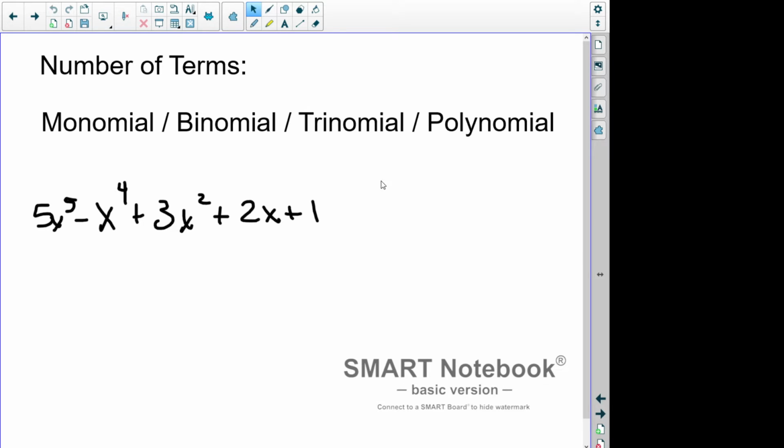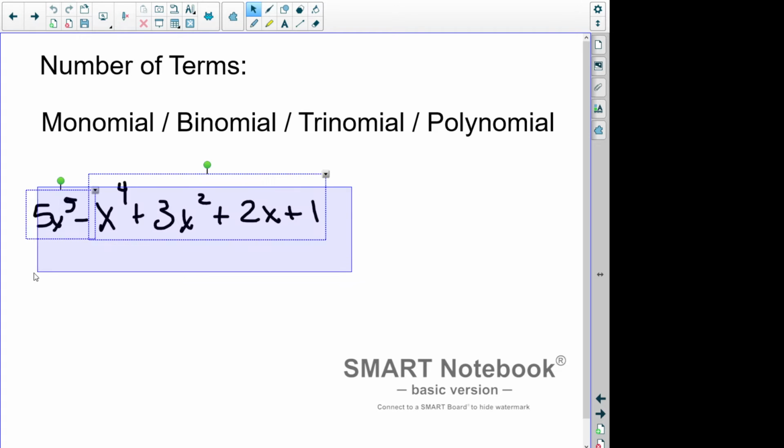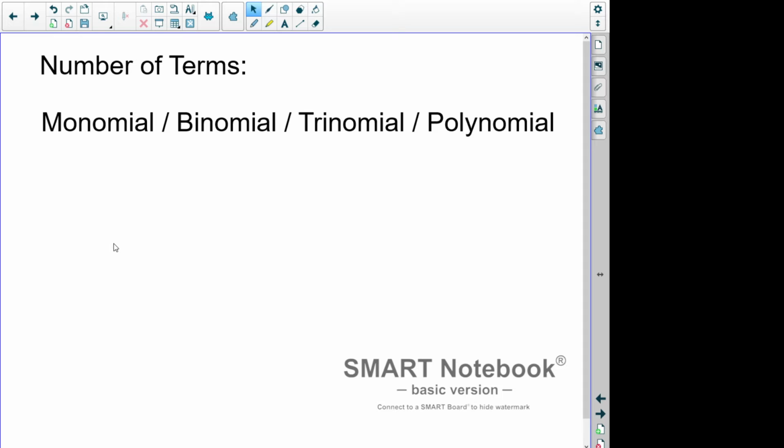So when we talk about polynomials, we can talk about the number of terms in a polynomial. And so a monomial is a single term, binomial is 2 terms, trinomial is 3 terms, and anything above that we just simply call a polynomial, and we say how many terms are in it.